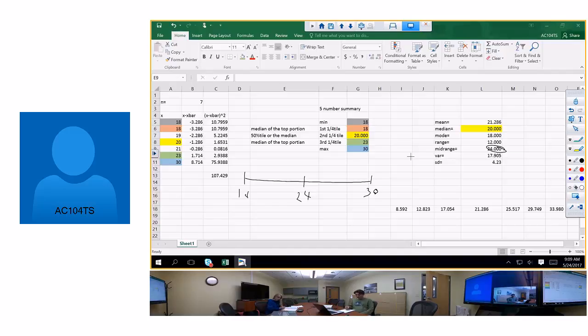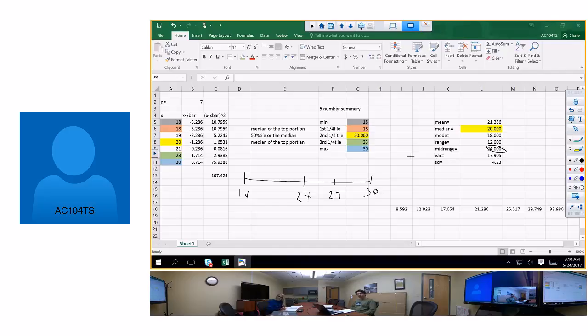That's one of the biggest points of the mid-range. In algebra, you called it the midpoint. That's where the midpoint comes from, the middle of 2 points. Now, you can find the mid-range of the mid-range. In other words, keep finding the middle. What's 24 plus 30? 54. Half of 54 is 27. So 27 goes right there.